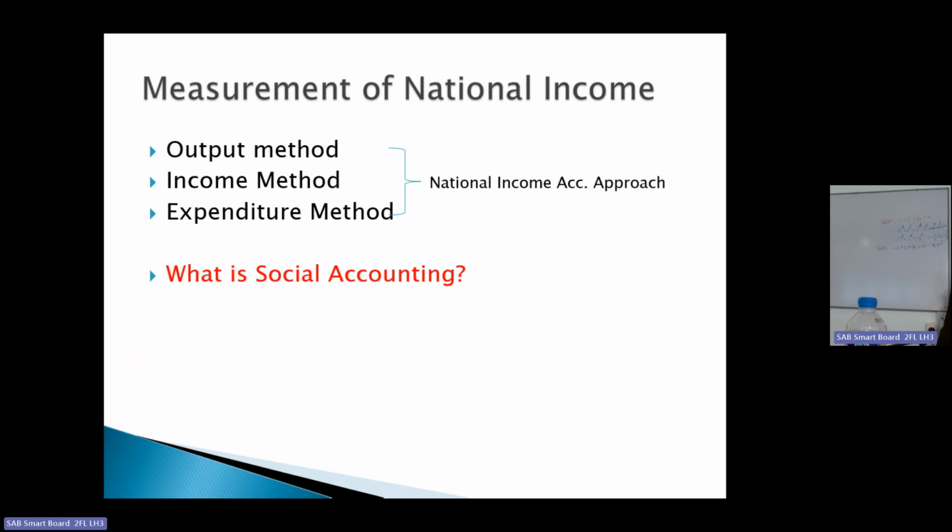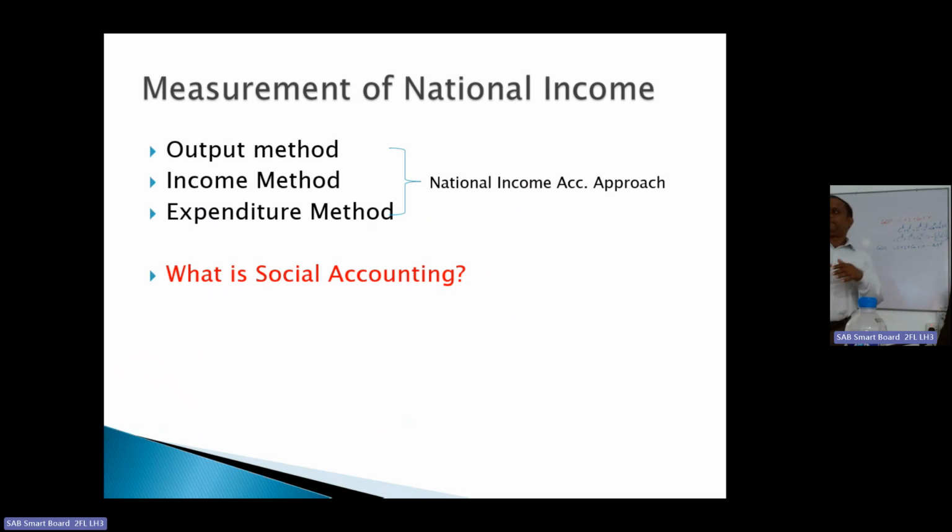One thing is the national income accounting approach. Then there are other methods. One is the input output approach. There are inputs and outputs we can measure.